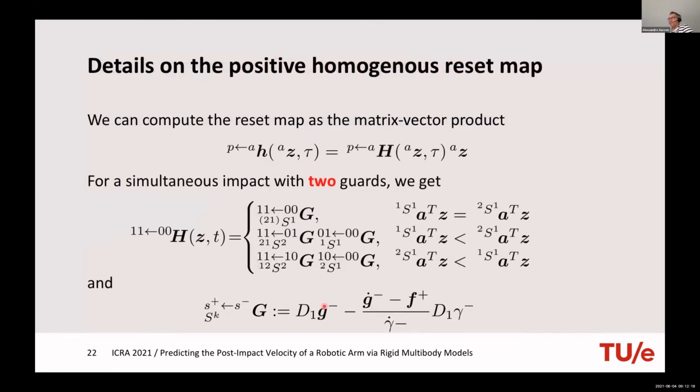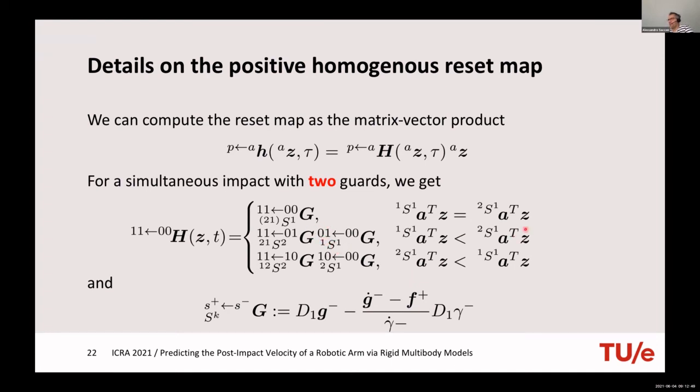Here's a formula. When you have only two impacts, then the nice thing is that this impact map, this positive homogenization, is constructive. So if you have the robot dynamics, multi-body dynamics, you have the surface, you have all these quantities, you just write a software and you can compute all those kinds of things. Again, too many details, I don't have the time, it's too complicated to explain now.